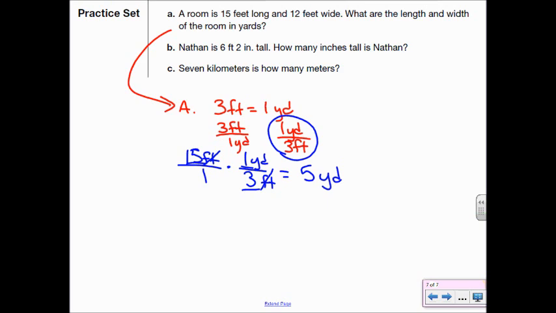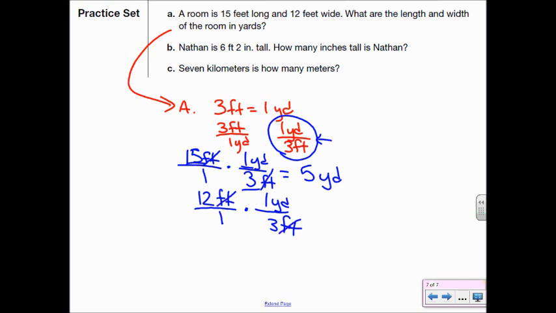And then I'm going to do that again with the 12 feet. So I have 12 feet, put it over 1 to make sure it's a fraction. Feet's on top in the first one, so it's got to be on the bottom in the next one to cancel out. And that's still the same one we used. So I have 1 yard and 3 feet.